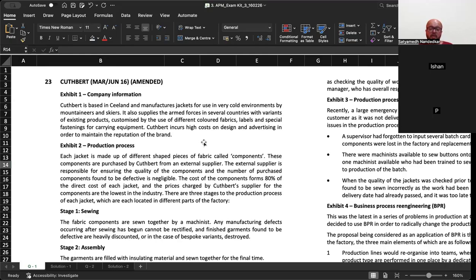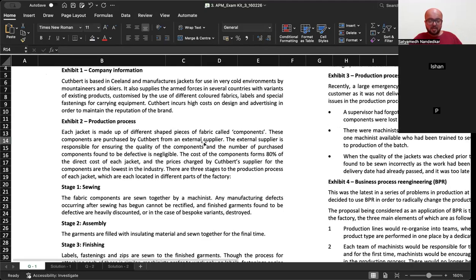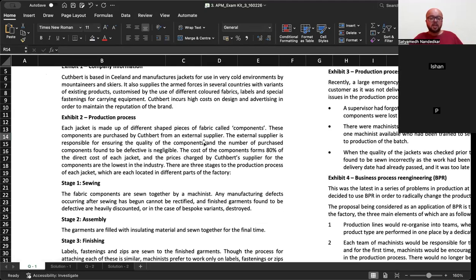Cuthbert incurs high cost on design and advertising in order to maintain the reputation of the brand. Each jacket is made up of different shaped pieces of fabric called components. These components are purchased by Cuthbert from an external supplier. The external supplier is responsible for ensuring the quality of components, and the number of purchased components found to be defective is negligible. The cost of components forms 80% of the direct cost.